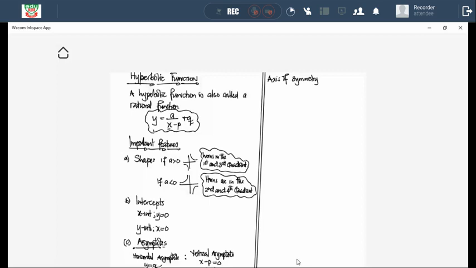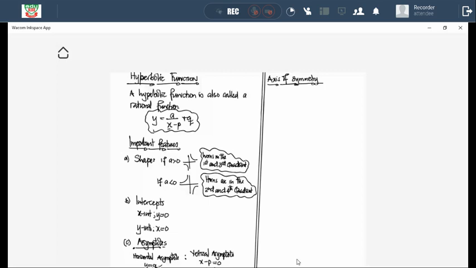An axis of symmetry is a line that divides the graph into two equal segments, just like any line of symmetry that you know from grade 3. An axis of symmetry is a line, so it's supposed to be presented as an equation.